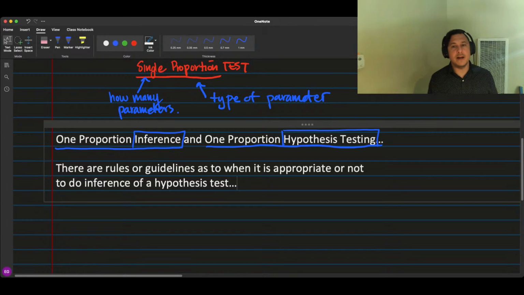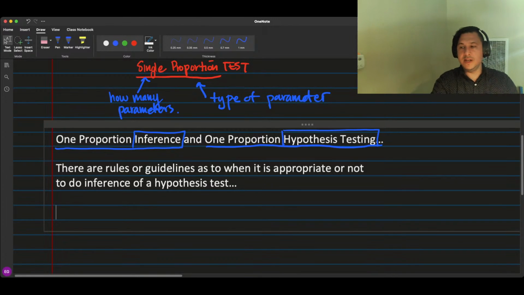What we're going to find out is that sometimes, just because of the reality of the situation, the inference you're trying to do will not be accurate, and the guidelines would say don't do this right now. There are issues with your data, or you want to do a one proportion hypothesis test. The guidelines would tell you whether or not it would make sense to do a hypothesis test.